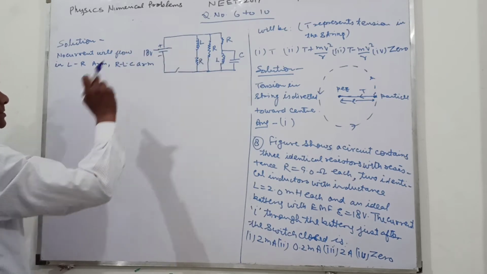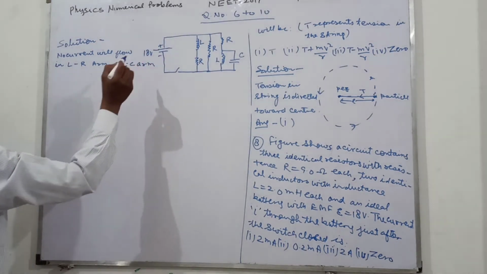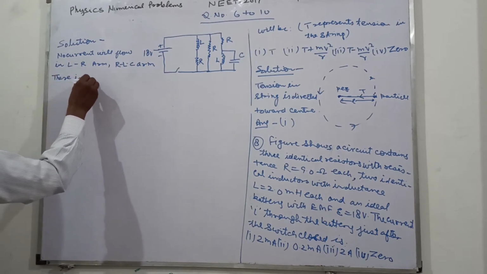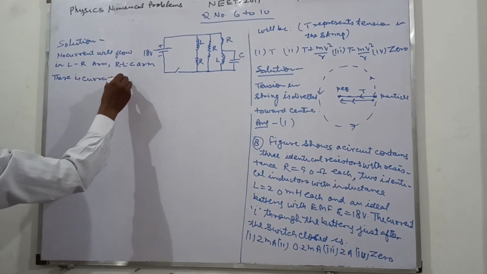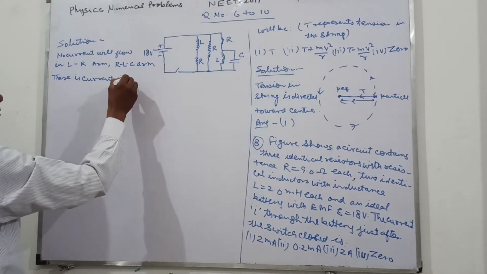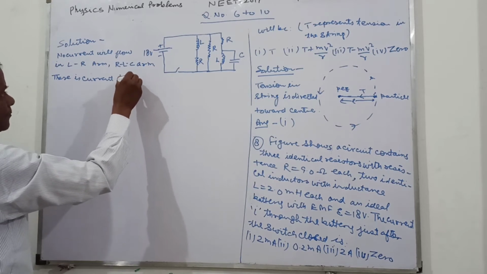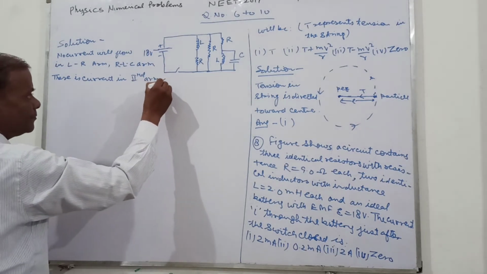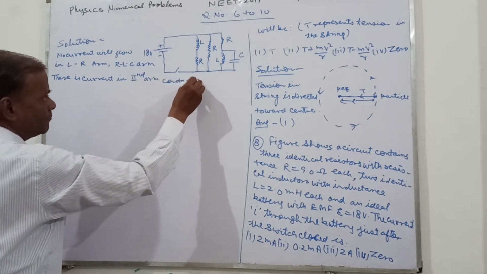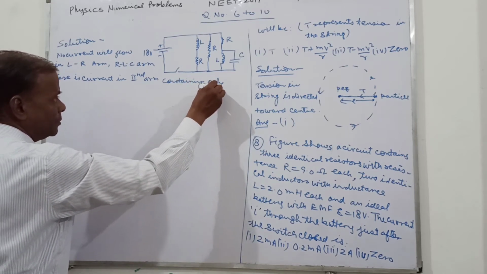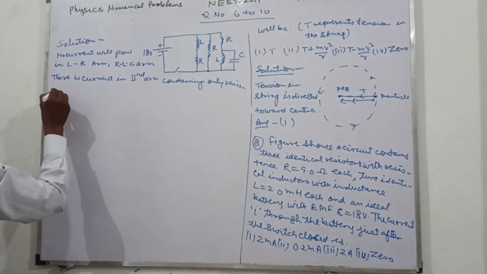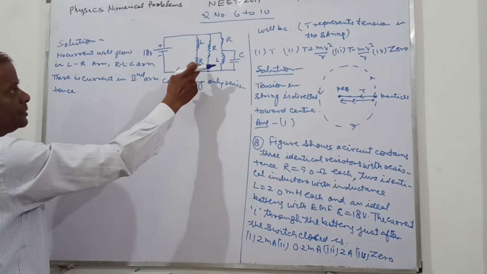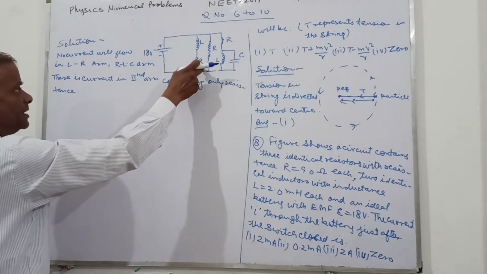We are left only with resistance R. There is current in the second arm containing only resistance. It means the current will pass through this one. No current in this one, no current in this one. So only the current is in the third R.